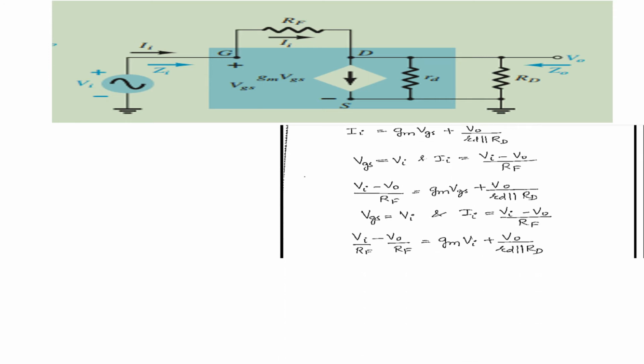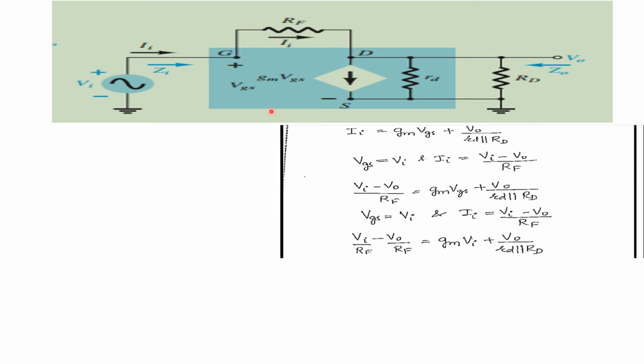We are in a position to find out the voltage gain now. So again reform your relations, that is input current Ii is equal to gm Vgs plus V0 upon (rd parallel RD). So we are trying to find out the current at the drain terminal, at the gate terminal.